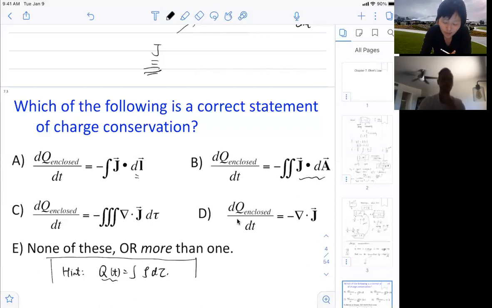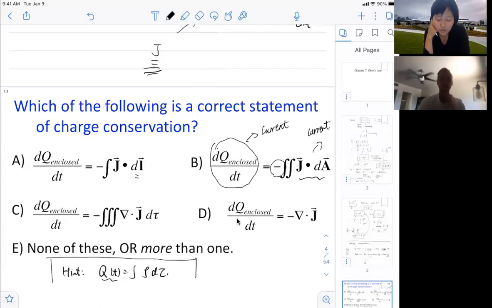Yes, let's look at whether the left-hand side and the right-hand side are expressed in the same physical quantity. The change of charge per time, charge over time, is current, right? And the right-hand side is also current. And what does the minus sign represent? What is the meaning of the minus sign?